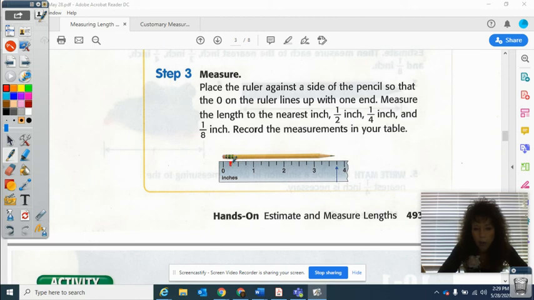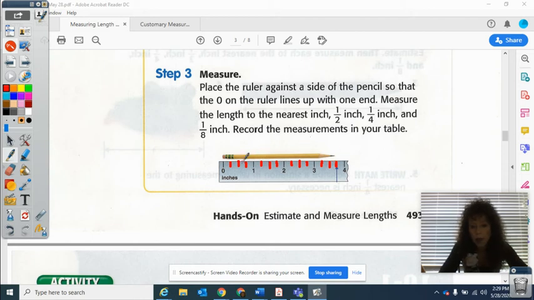So here's 1/4, 2/4, 3/4, 1/4, 2/4, 3/4, and so on across the ruler. Okay.